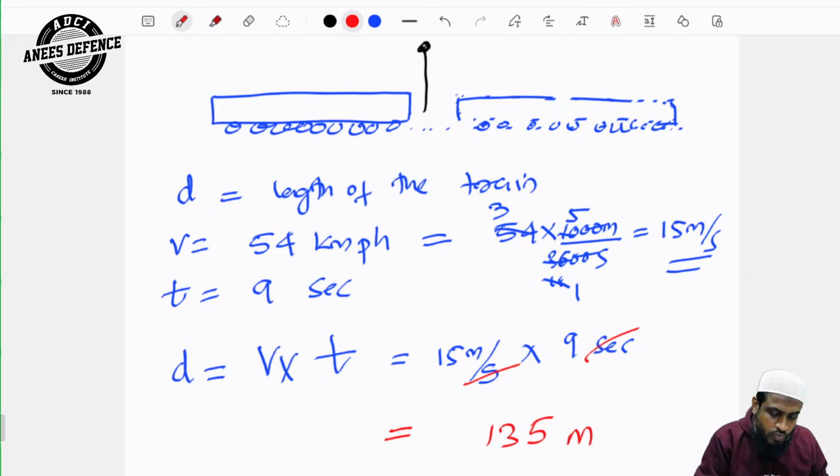So the answer is 135 meters. That is the length of the train. The concept is that if the train passes a post, then the entire length of the train should be covered. Then only we can say the train has gone through the complete telegraph post. So the entire length of the train we should consider.